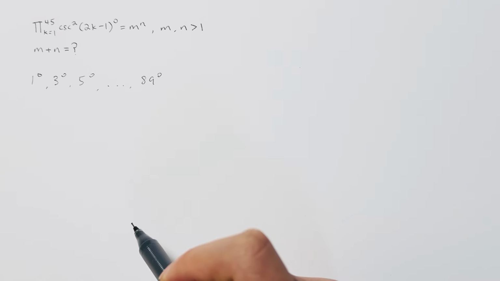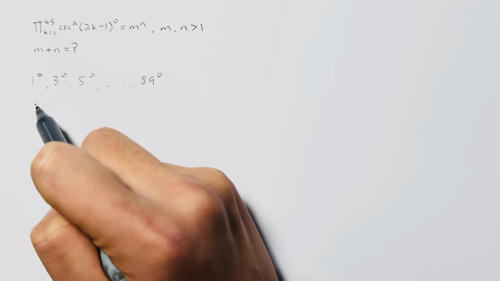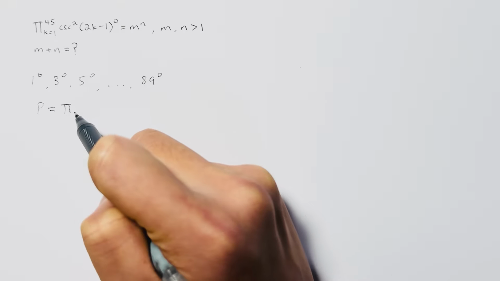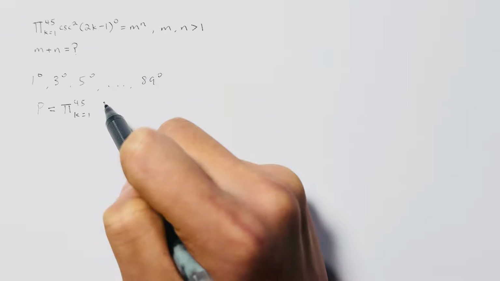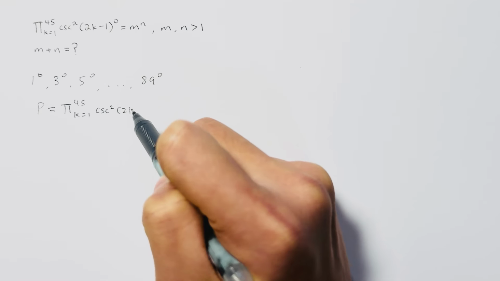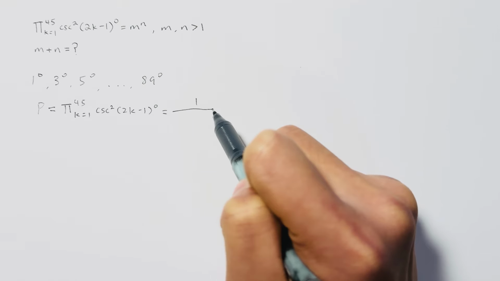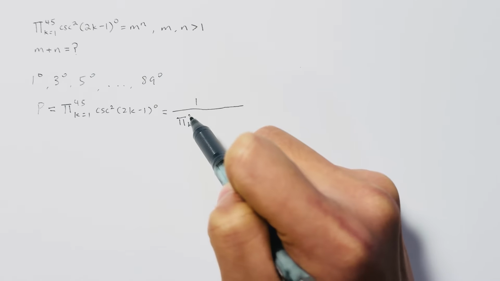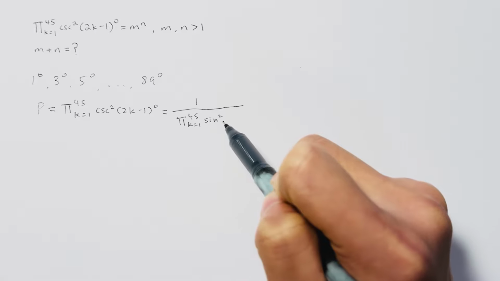So we can rewrite the target expression P. We know from the expression, the product k equals 1 to 45 of cosecant squared of 2k minus 1 degrees equals 1 over the product k equals 1 to 45 of sine squared of 2k minus 1 degrees.